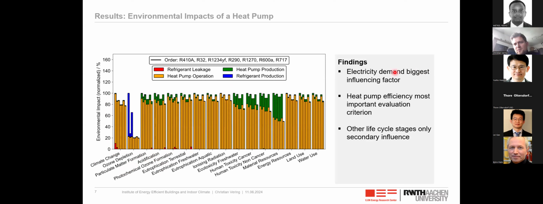But in all, we see the first point, the influencing factor is electricity, because most of our environmental impact is related to operation, and operation is related to electricity. Then we have heat pump production here in the end, which accounts for material resources. For example, the R717 here does not need copper because it would attack copper more or less. So the impact of not using copper is quite large compared to the other refrigerants in heat pumps.